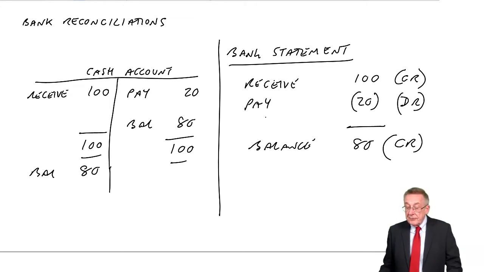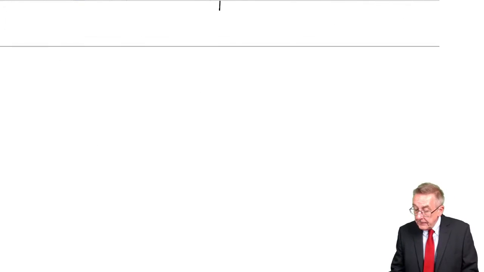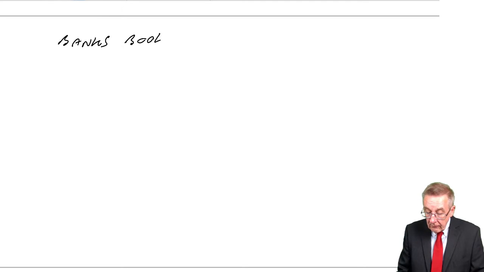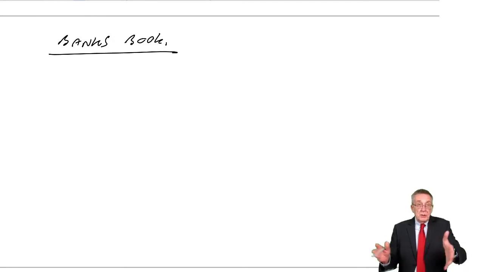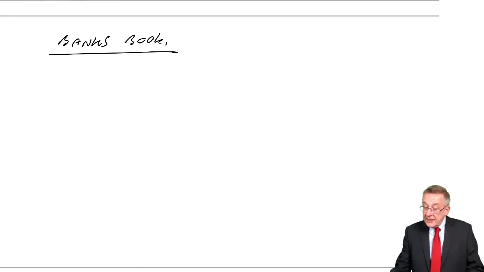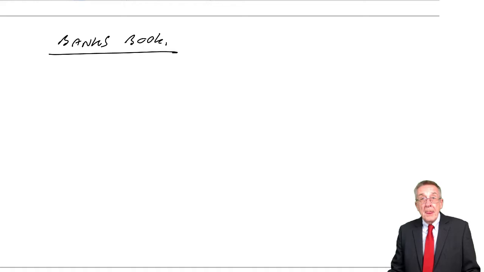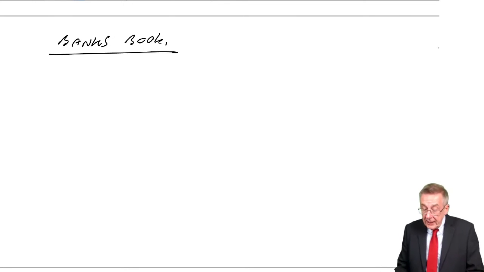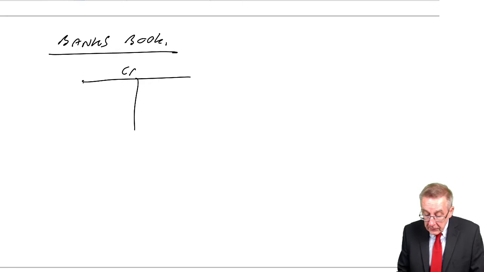Now, there is a good reason for it. The reason is that in the bank's own books, the bank will have its own nominal ledger. And if I put 100 cash into the bank, the bank has received 100. So in its cash account, it debits 100.